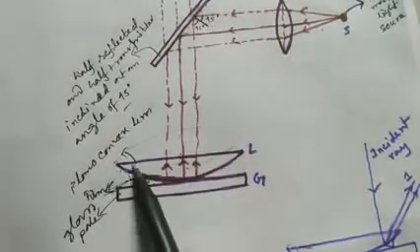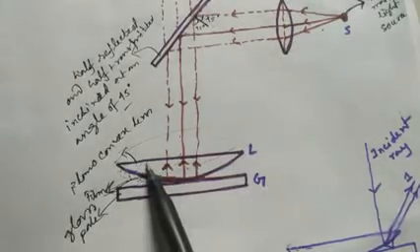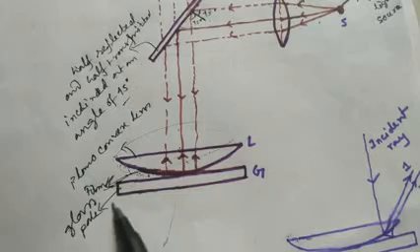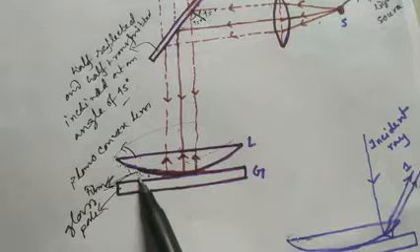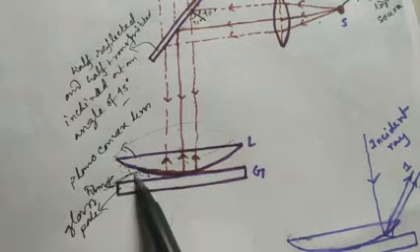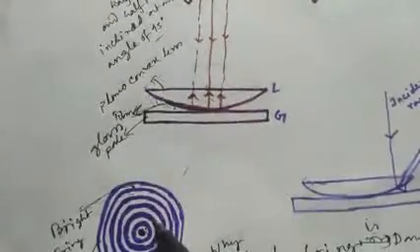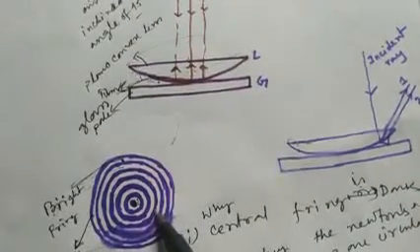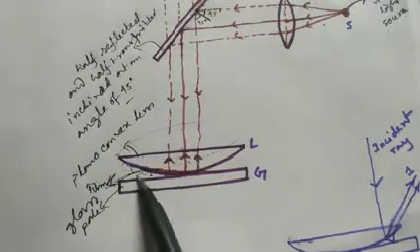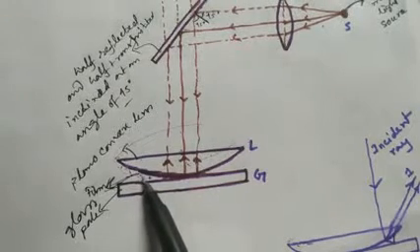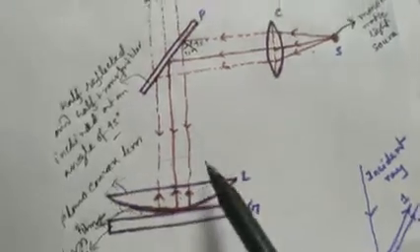This is a plano-convex lens which has a large radius of curvature, and this is a glass plate. The film between them is an air film if you do not use any liquid. Newton's rings are produced in this air film, or in a water film or a film of any other liquid.